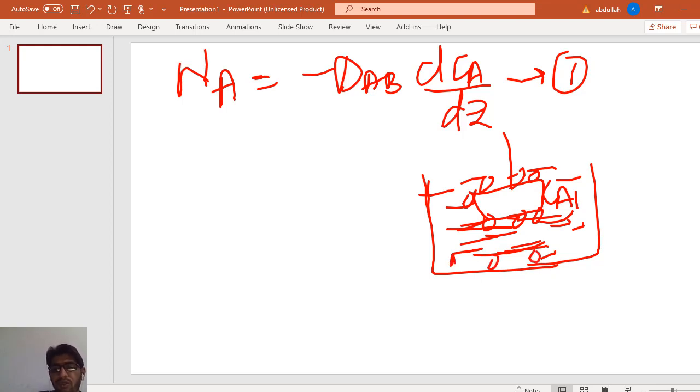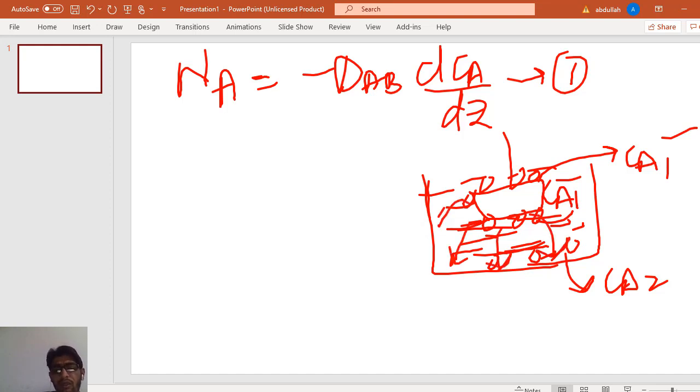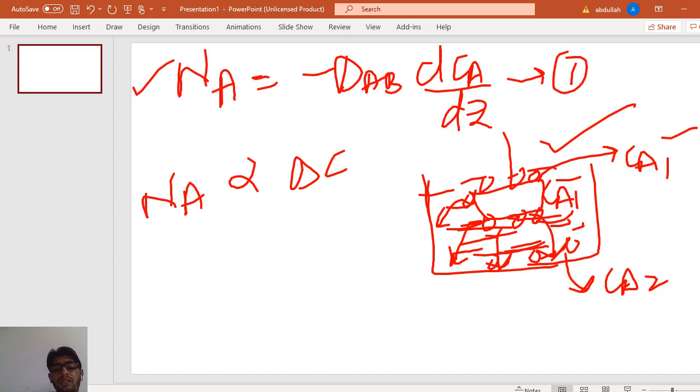Suppose the concentration of sugar in this place is CA1, and at this place is CA2. So due to this concentration gradient, the mass will transfer from the higher concentration region to the lower concentration region. So the molar flux of component A will be directly proportional to the concentration gradient in this case. And this is the convective mass transfer.